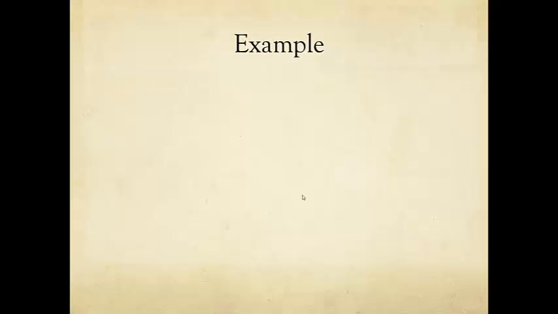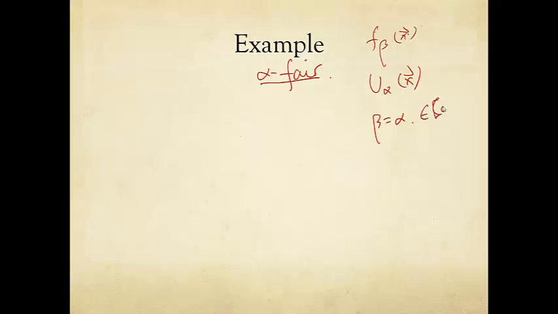an example of alpha fair utility function. Now we mentioned that this f sub beta of x is almost like the alpha fair utility function, u sub alpha of x. If we just let beta be alpha and live in the range of 0 to positive infinity, forget about the range where it is negative.